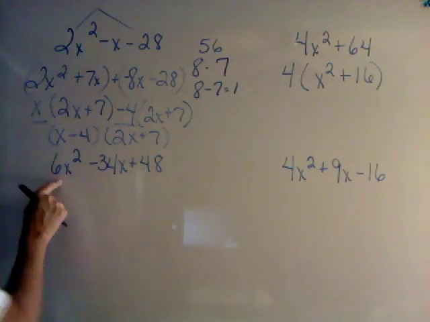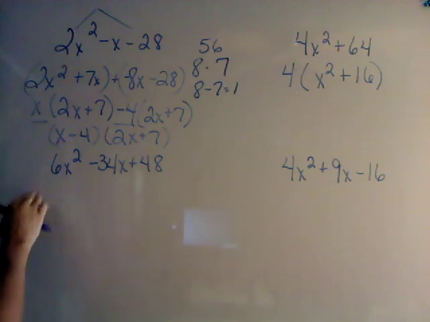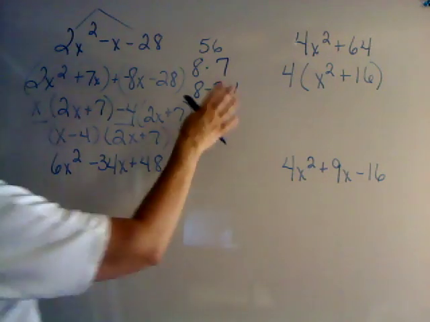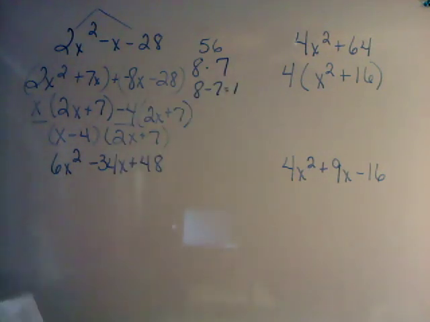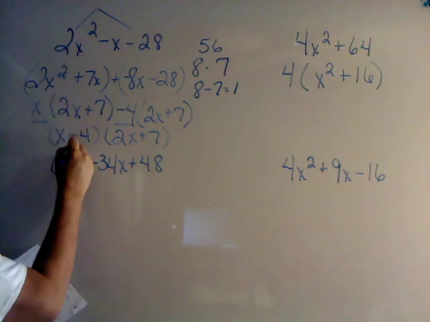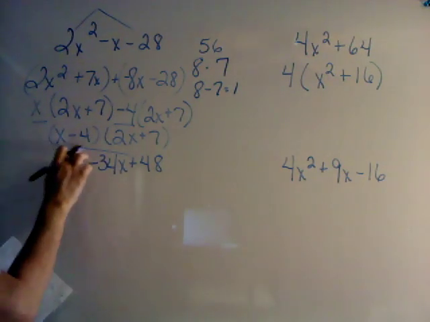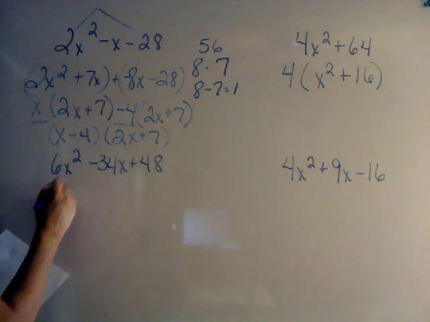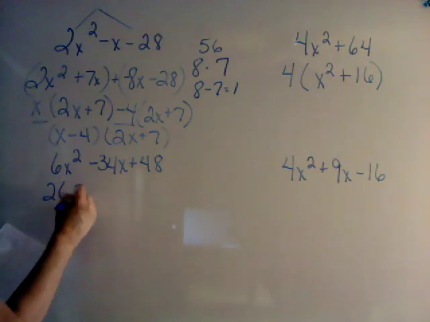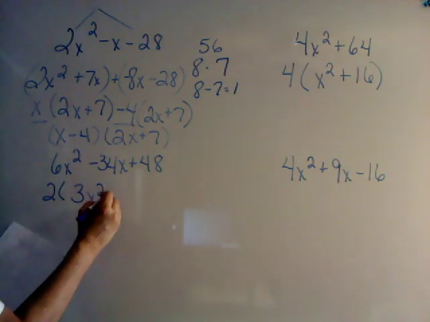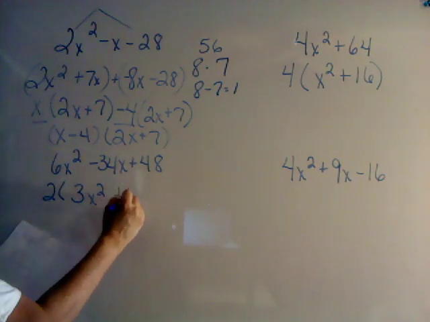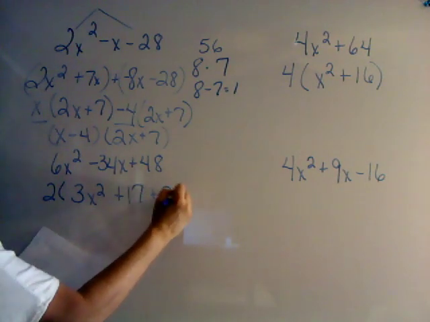Okay, let's look here. And I do not see a greatest common factor or perfect square. Before we do that, you could take out a 2, which would leave you with 3x squared plus 17x plus 24.